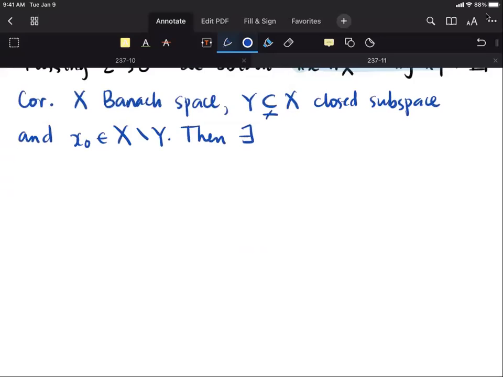Okay. And let us take an element, let's say X naught in X that is not in Y. Then it is possible to find, or there exists, an element in the dual space with norm equal to 1. So it is in the unit sphere of the dual space.